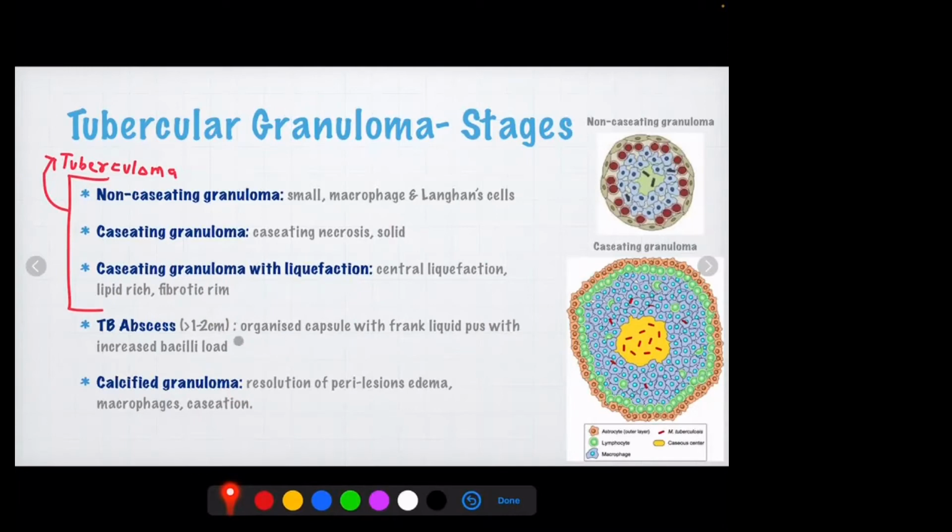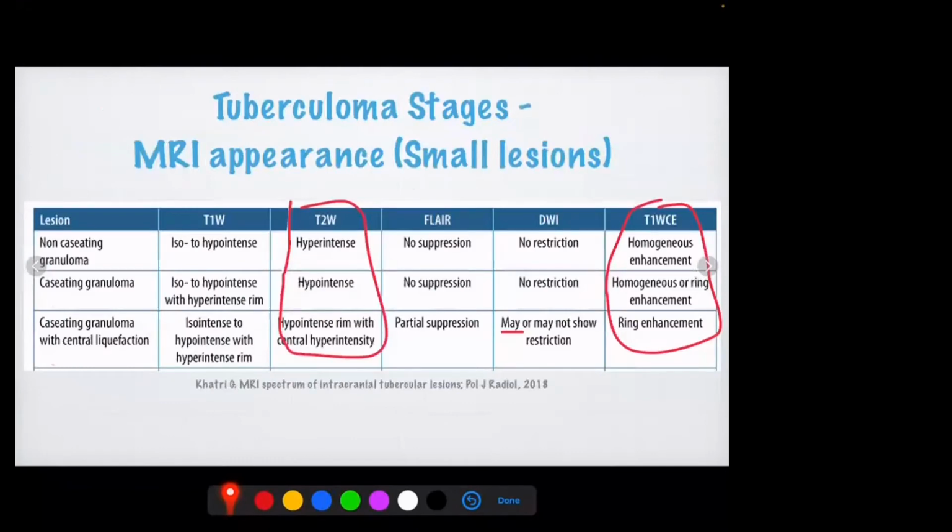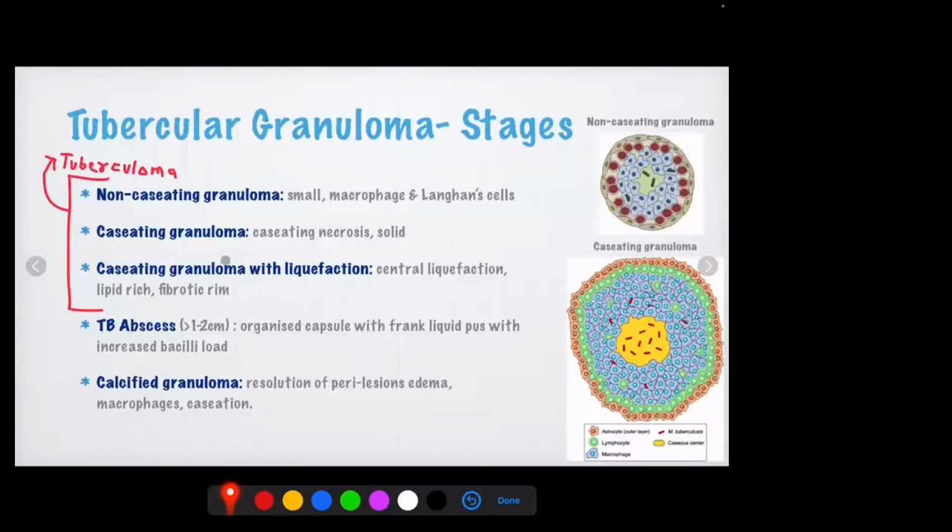We sometimes need to operate and remove the abscess cavity if it is on the surface, or you can just aspirate it stereotactically in case of a TB abscess. That's the implication of diagnosing an abscess compared to just a tuberculoma. Here we are talking about the smaller lesions right now, because the granulomas are smaller.